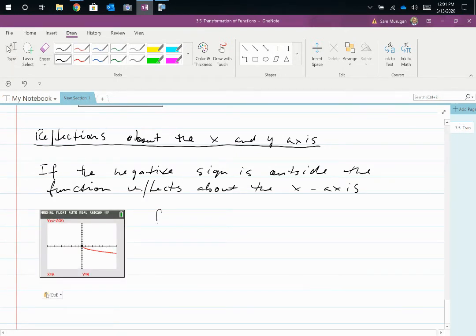So this is the graph of f of x equal to negative square root of x.